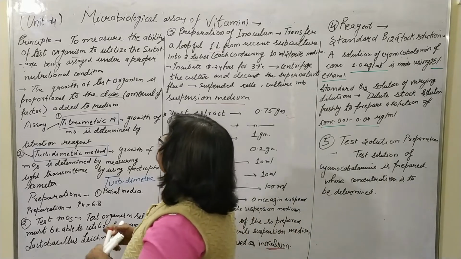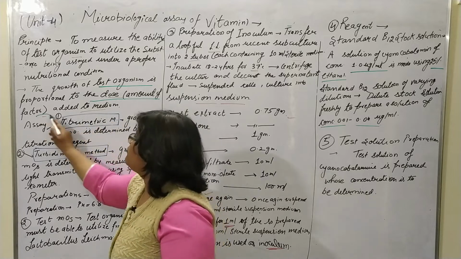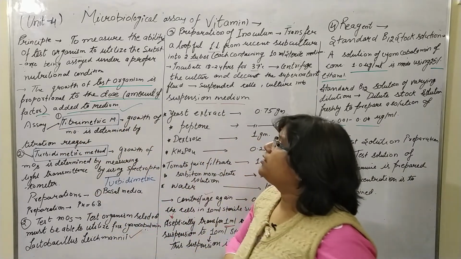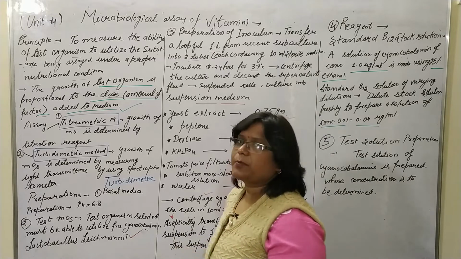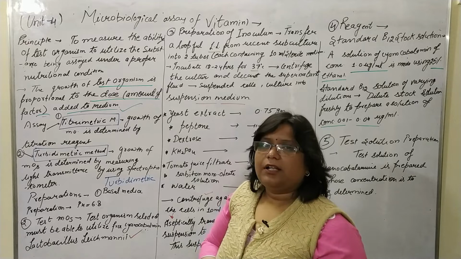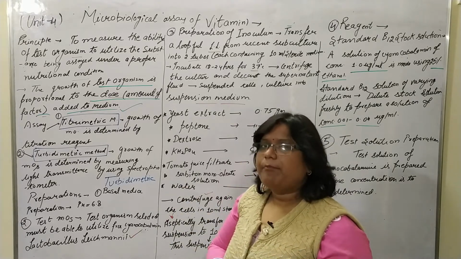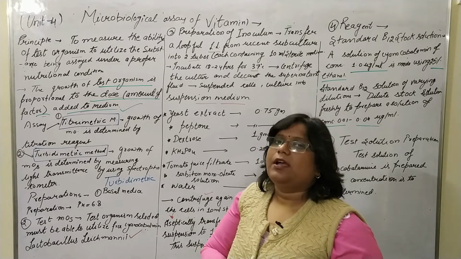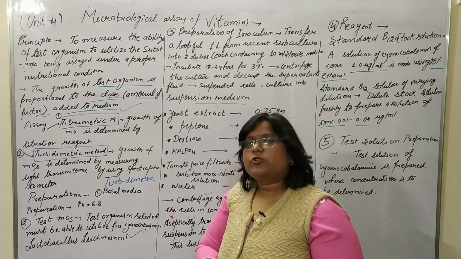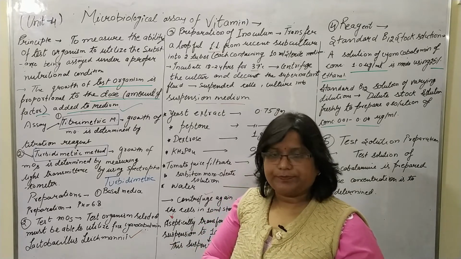The growth of test organism is proportional to the dose, or the amount of factor added to the particular medium. It means if we add a higher concentration of that growth factor, the microorganism will show more growth or more response.